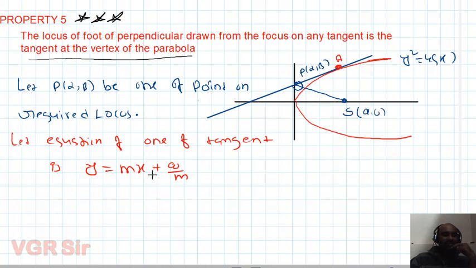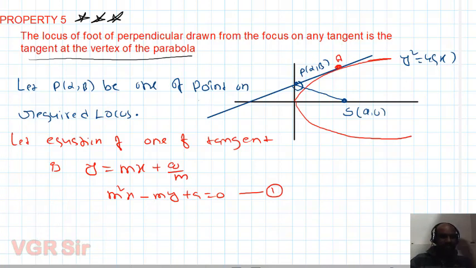This is a straight line only, no? So the simplified form is m square x minus my plus a equal to 0. This is equation number 1. So I got the equation of the tangent. After that I will find the equation of SP. So I will solve those two, then I will get the coordinates of P. That is my plan.